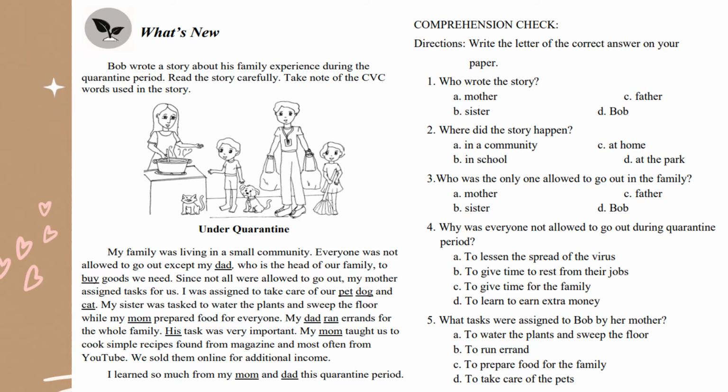C. To give time for the family. D. To learn to earn extra money. Number 5. What tasks were assigned to Bob by her mother? A. To water the plants and sweep the floor. B. To run errand. C. To prepare food for the family. D. To take care of the pets.